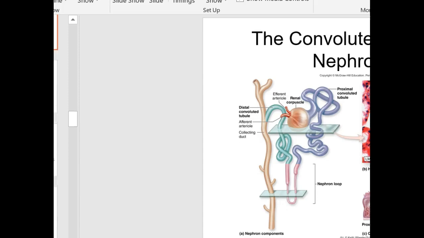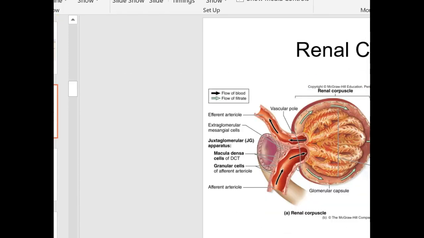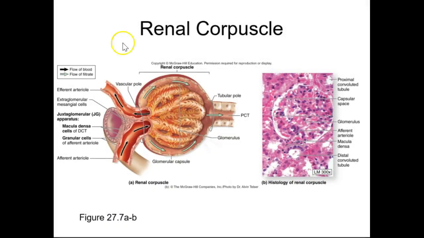The juxtaglomerular apparatus will be defined as the macula densa of the distal convoluted tubule and its contact with the afferent and efferent arterioles. So this is also an image of the JGA.